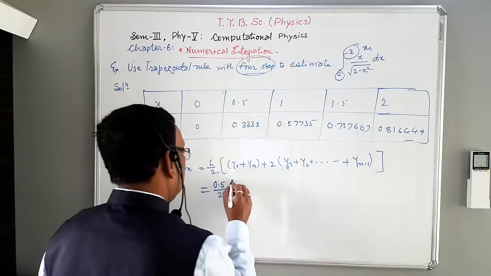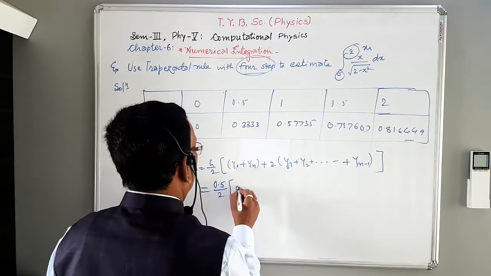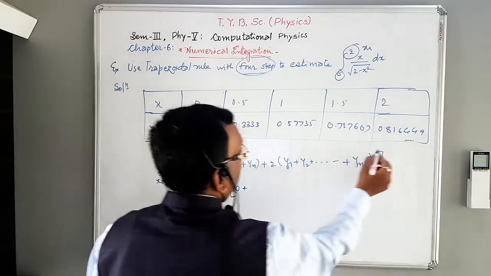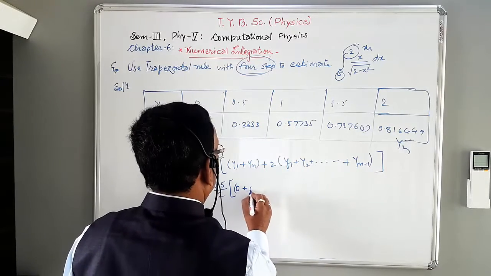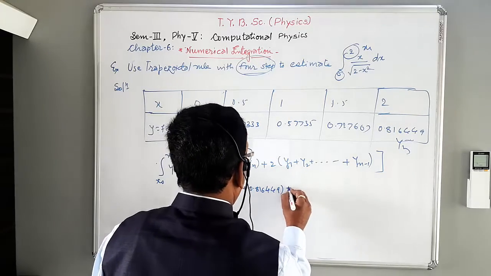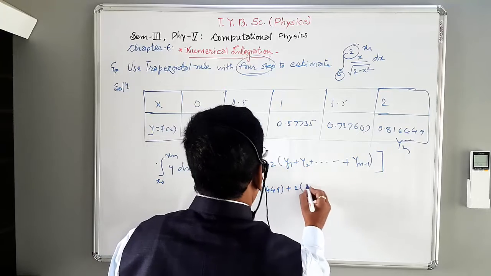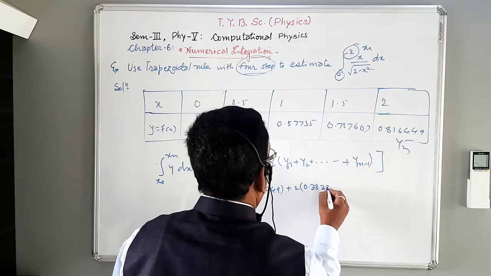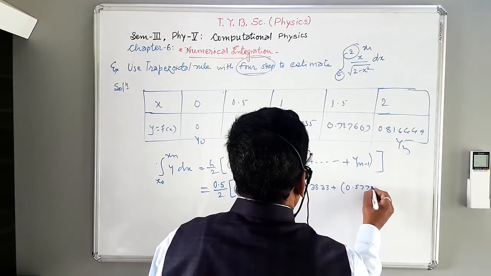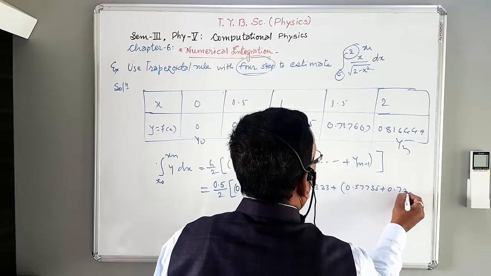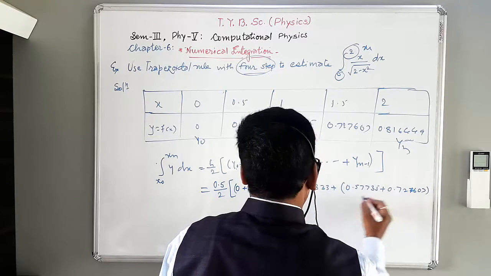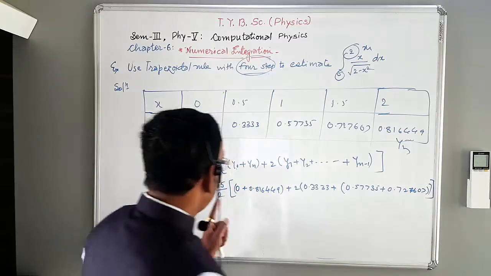Then y0 is 0 plus yn, which is 0.816449, plus 2 in bracket the value of y1, 0.3333, plus 0.57735, plus 0.727607.